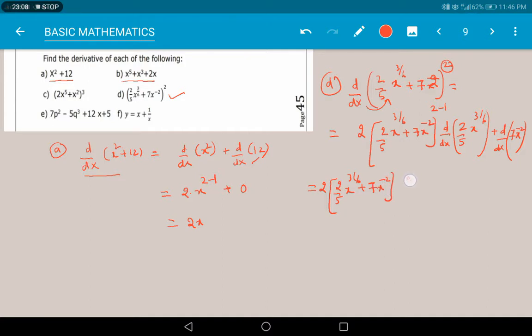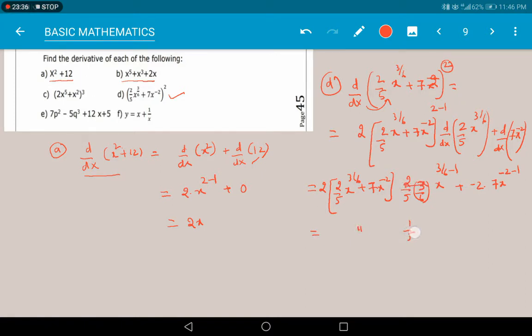So d by dx of 2 by 5 constant, 3 by 6 x to the power of 3 by 6 minus 1, plus minus 2 into 7 x power minus 2 minus 1. So this function is the same.